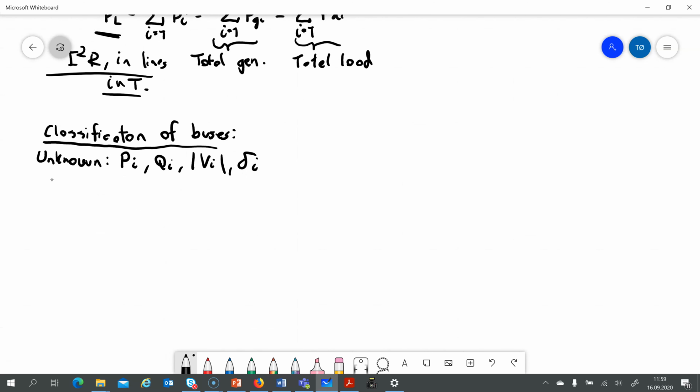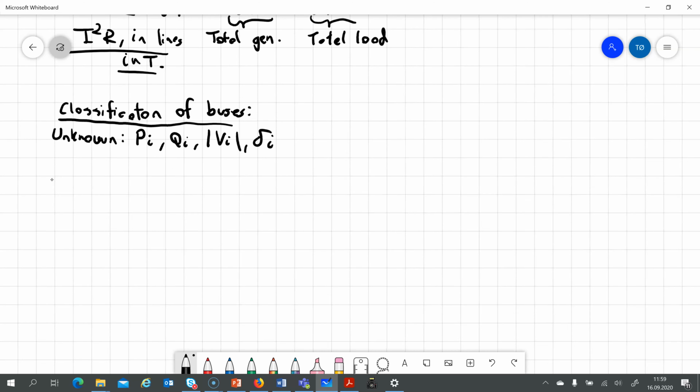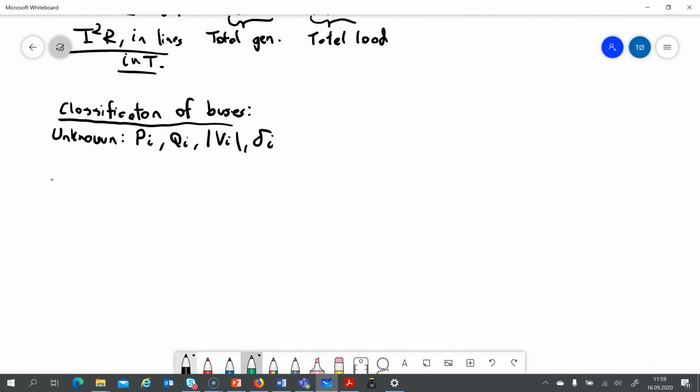The first bus we can classify is the load bus, or PQ bus.